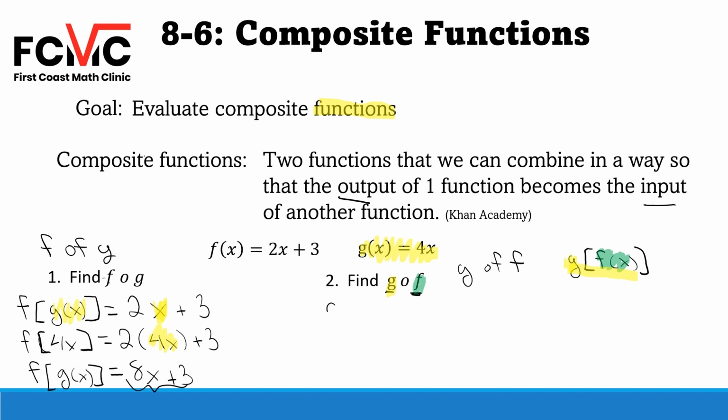If we've got something like that, g of f of x, well, g of x is just 4x. Now what's going to go in here? What's our f of x function? It's this entire 2x plus 3. So we're going to replace that f of x with the 2x plus 3.